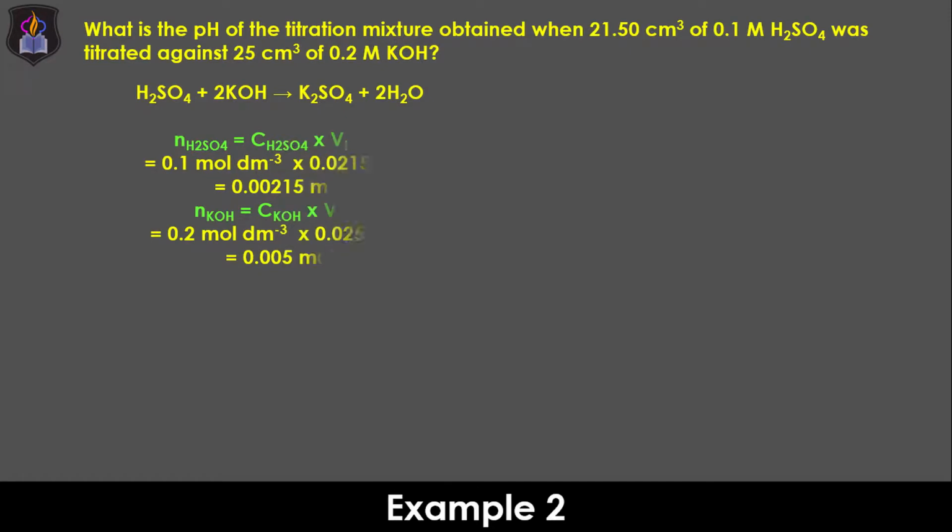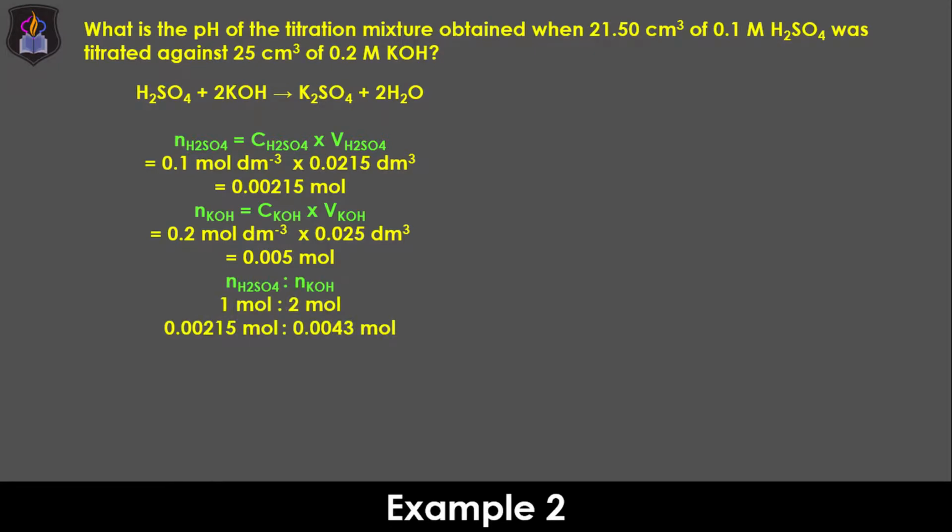Next, we calculate the number of moles of the sulfuric acid and potassium hydroxide as 0.00215 mole and 0.005 mole respectively. From the mole ratio, we can see that the potassium hydroxide is in excess because if 1 mole of the acid is completely neutralized by 2 moles of the base, then 0.00215 mole of the acid will be completely neutralized by 0.0043 mole of the base.